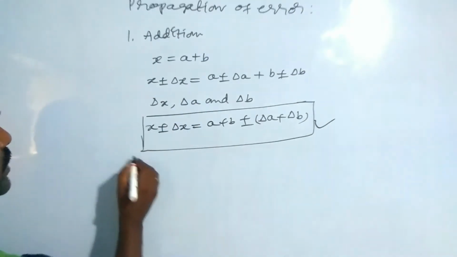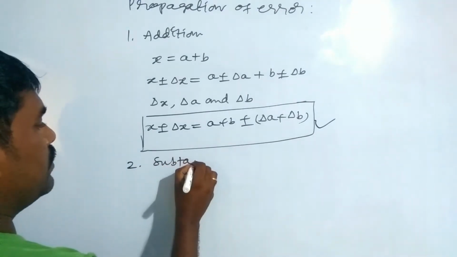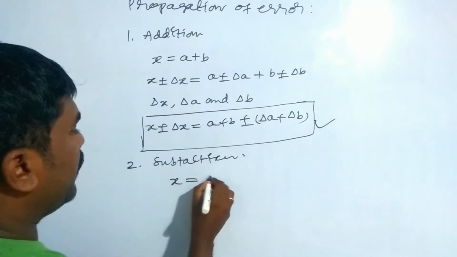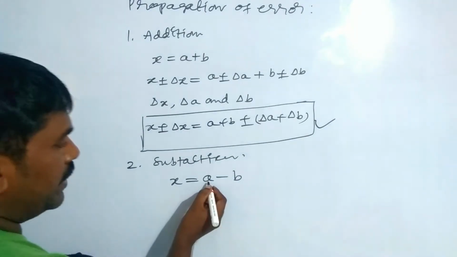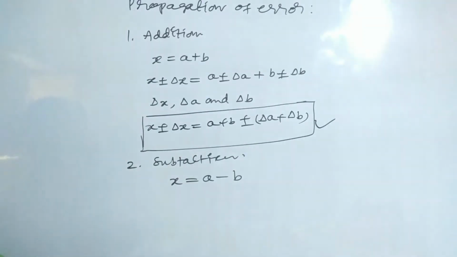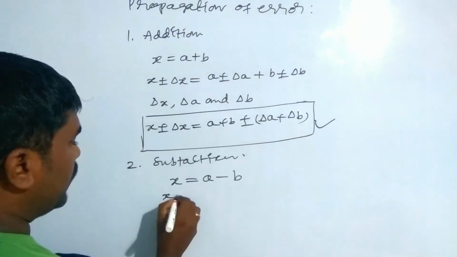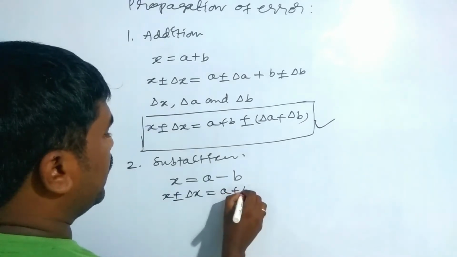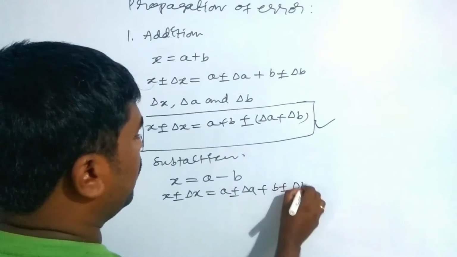In the case of subtraction, let x be equal to a minus b. Here a, b and x have the same physical quantity, so we can write x plus or minus delta x equals a plus or minus delta a and minus b plus or minus delta b.